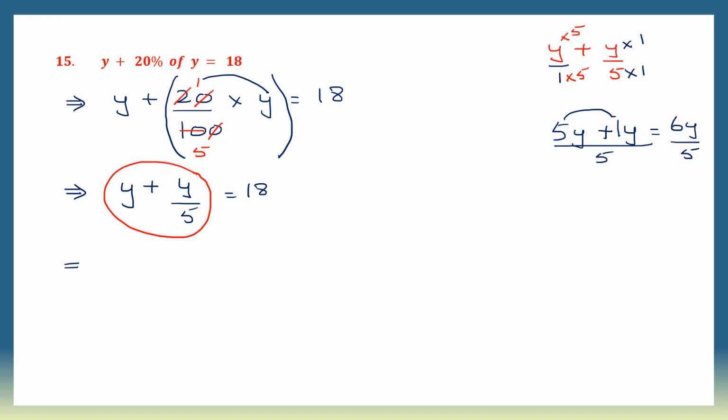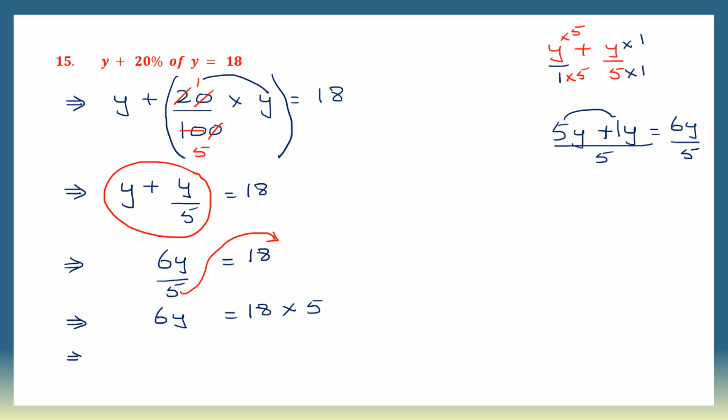So here what do we have? We have 6y by 5 equals 18. That means 6y will be equal to 18 into 5, because we have transposed this 5, which is division, to the right hand side. That's how it became multiplication.